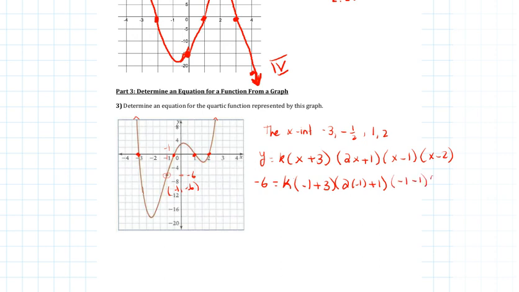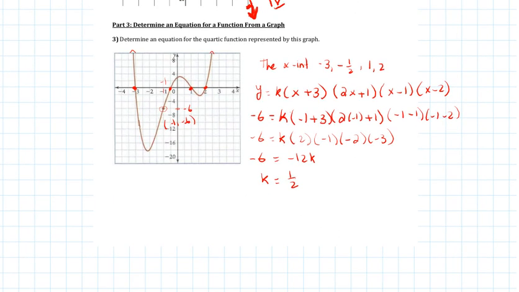Negative 6 equals k times 2, times negative 1, negative 2, and then negative 3. If I multiply all of these together, they're going to be negative 12. So negative 6 equals negative 12k, and then k is going to be equal to a half. So now I found what k is. I can plug it in there, and I have my equation that represents this graph.